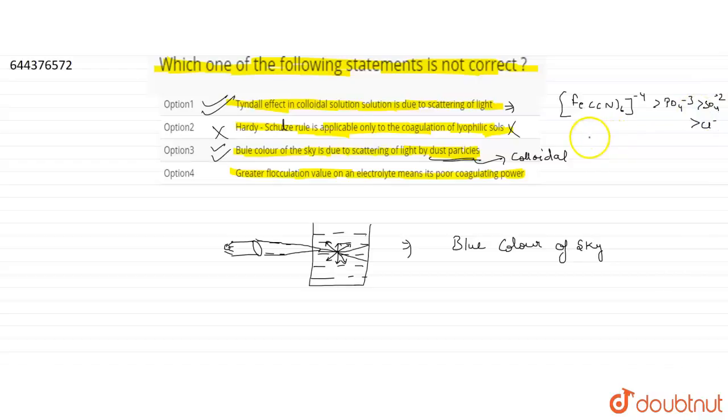The Hardy-Schulz rule says that the higher the valency of the coagulating ion, the higher will be the coagulating power. Here the valency is minus 4, here minus 3, here minus 2, here minus 1. So this is the order of coagulating power, and it is applicable for both lyophilic and lyophobic salts.